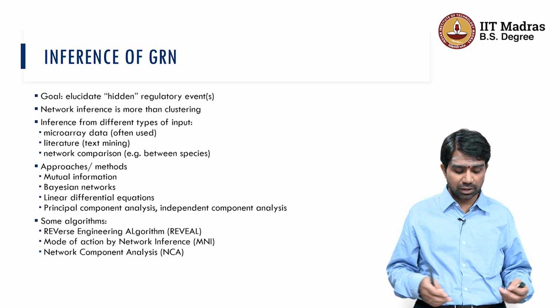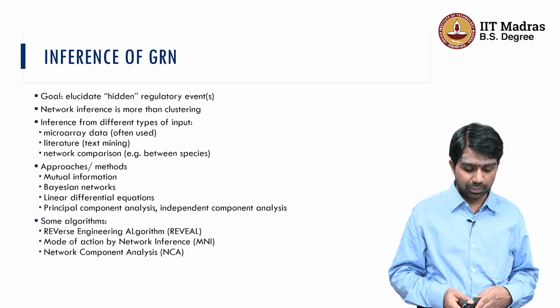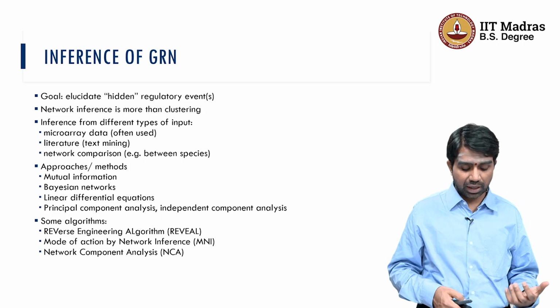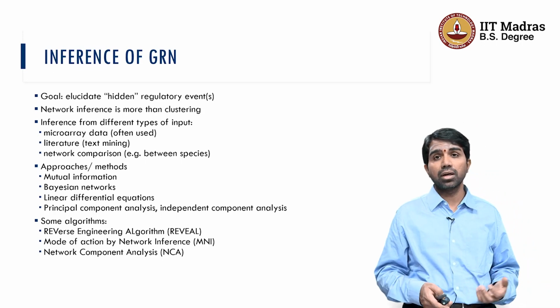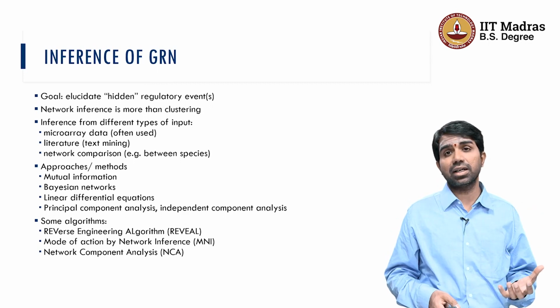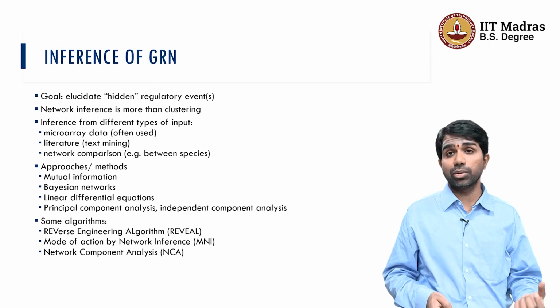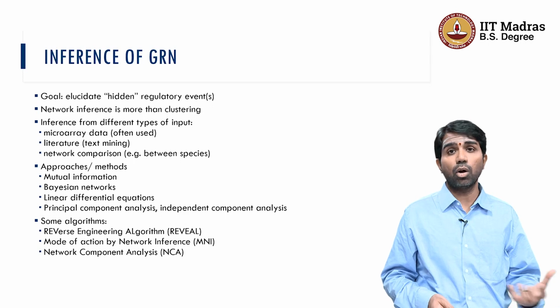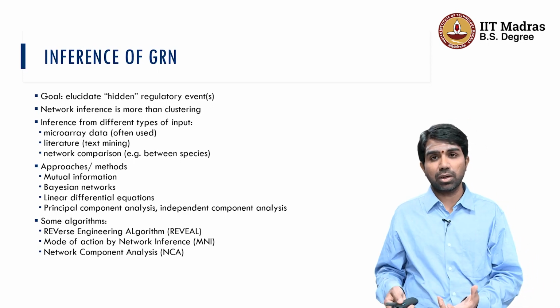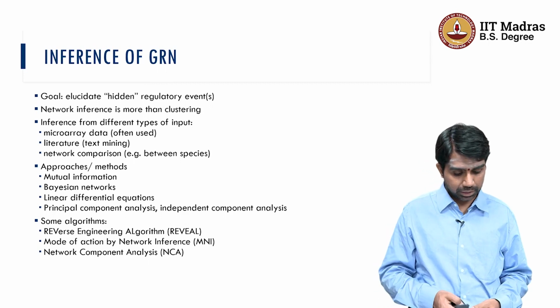And there are various other methods that people have developed based on mutual information, various statistical methodologies, and there are a bunch of algorithms as well for inferring GRNs. So this is typically data driven modeling, and given this data, how do you actually infer these networks? And this is going to be covered in the last part of this course by Professor Nirav Bhatt.